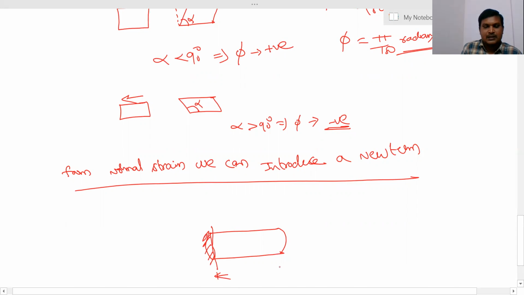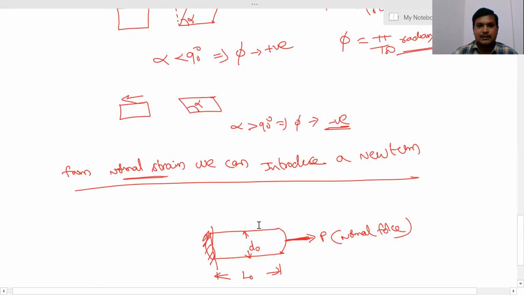Initially this has an original length L0 and an original diameter D0. I'm applying a normal force, and the normal force leads to normal strain.